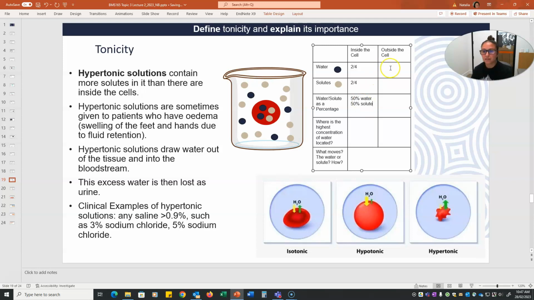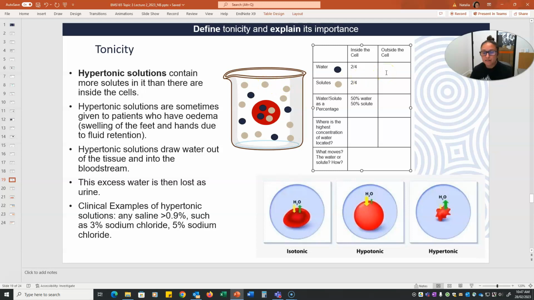Okay, let's have a look outside of our cell. Let's have a look at how many molecules we have to start off with. We've got 1, 2, 3, 4, 5, 6, 7, 8, 9, 10, 11, 12, 13 molecules.